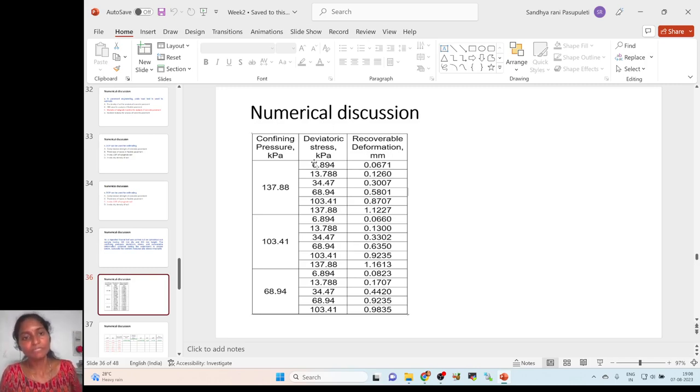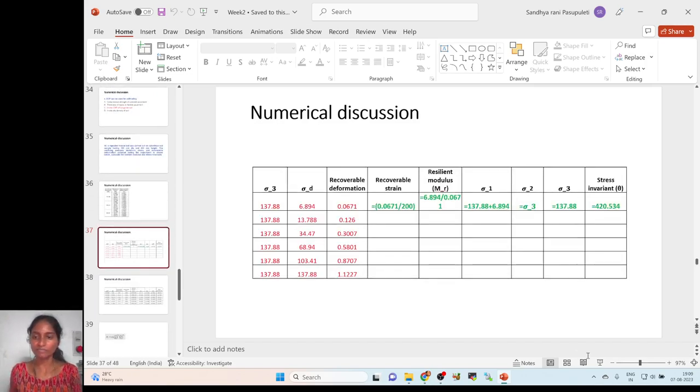When I say principal stresses, sigma 1 plus sigma 2 plus sigma 3. Sigma 3 is directly given. Sigma 1 you can calculate, sigma d plus sigma 3. But how do we get sigma 2? So here we assume that sigma 2 equals sigma 3. So if we know these, definitely we can calculate the stress invariant.